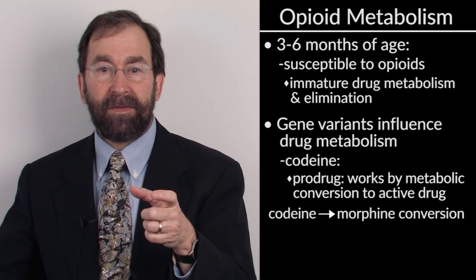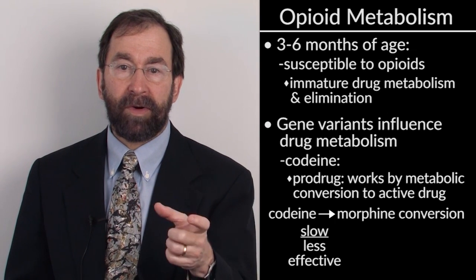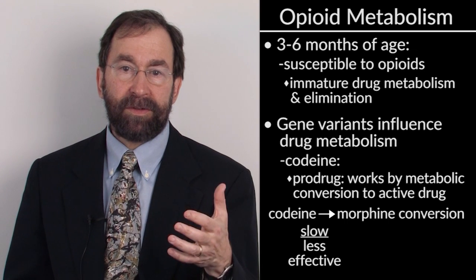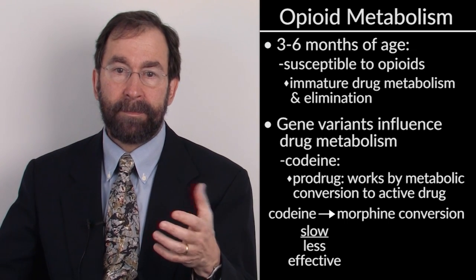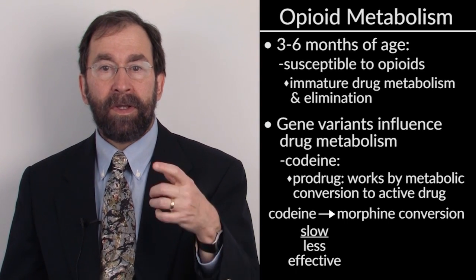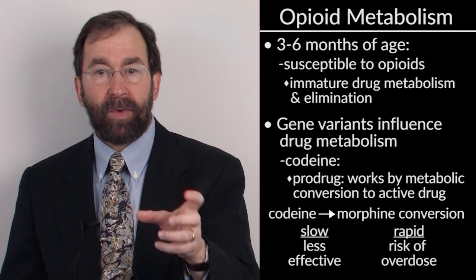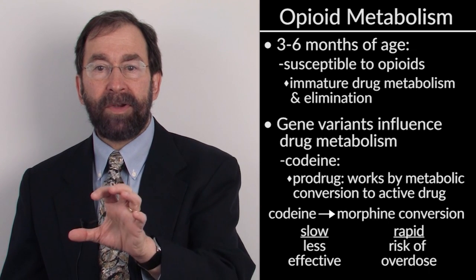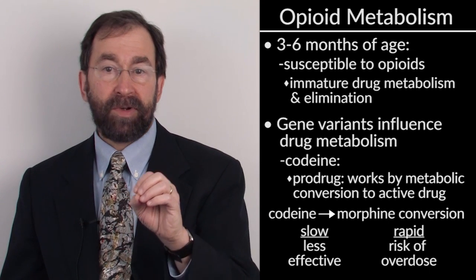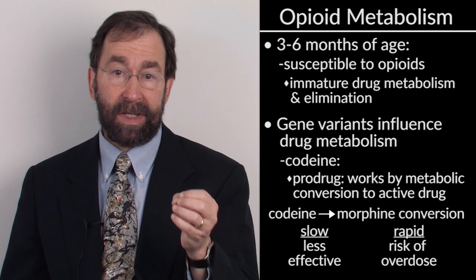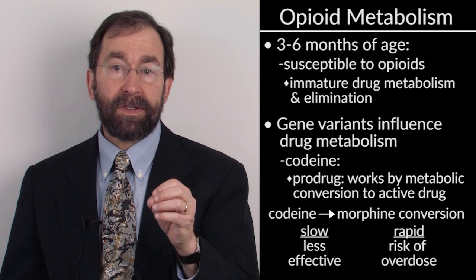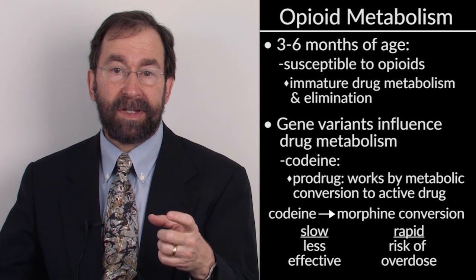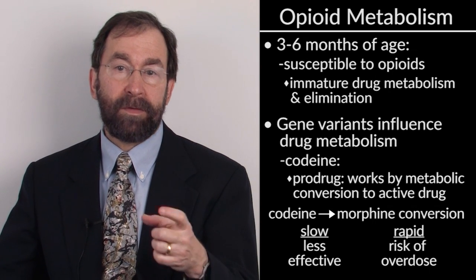Gene variants that give rise to slow conversion of codeine to morphine result in even less effective analgesia than the more common genotypes. Of even greater concern, there are gene variants that lead to ultra-rapid conversion of codeine to morphine. In people with these ultra-rapid conversion variants, codeine has produced overdose and deaths in patients sent home. For these reasons, we and the FDA recommend substituting other opioids instead of codeine as a general change in pediatric practice.